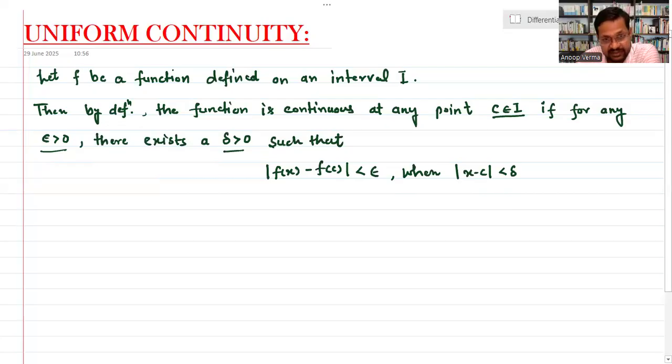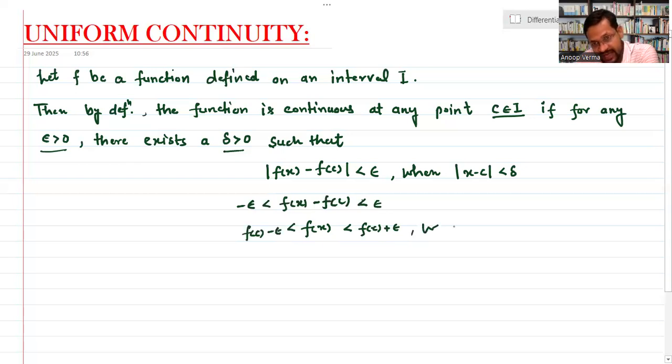It means that if you expand this, you have x minus c less than delta and greater than minus delta, and it means f(x) should lie between f(c) minus epsilon and f(c) plus epsilon, when x belongs to the interval from c minus delta to c plus delta.